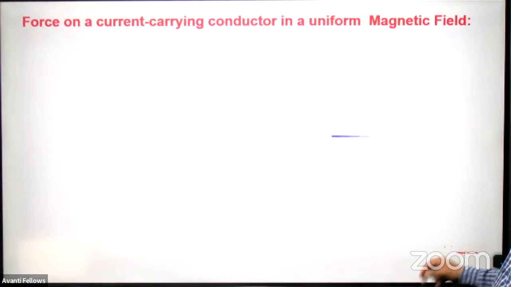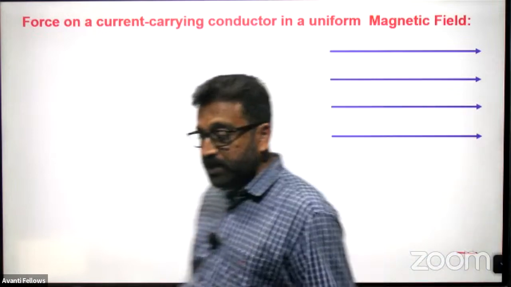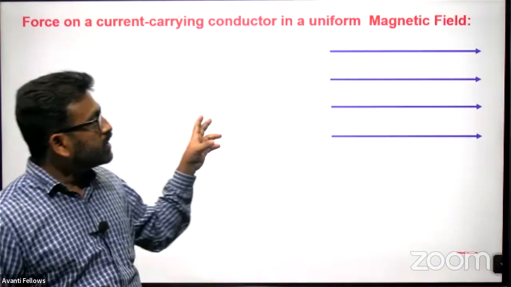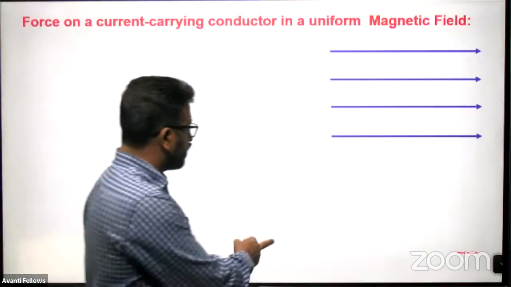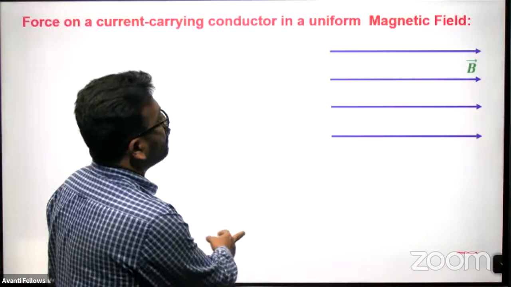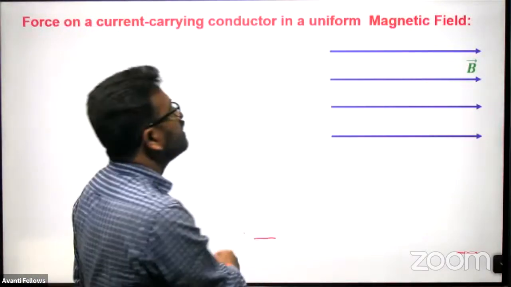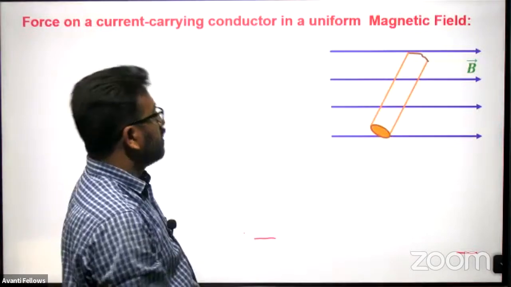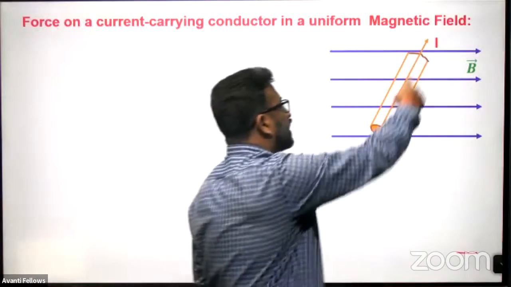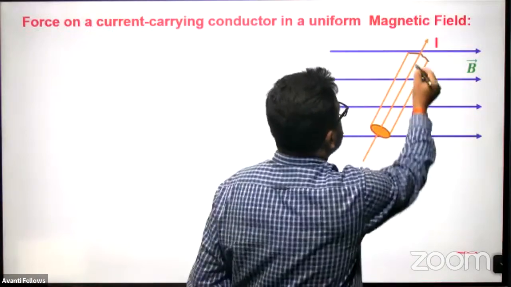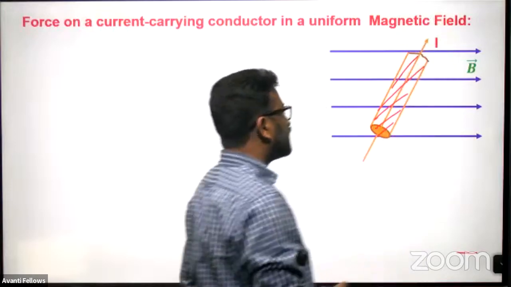Now, force on a current carrying conductor in a uniform magnetic field. Here we have to remember that the magnetic field lines are uniform in nature. The magnetic field is from left to right, and here a current carrying conductor is placed, carrying a current in this particular direction.